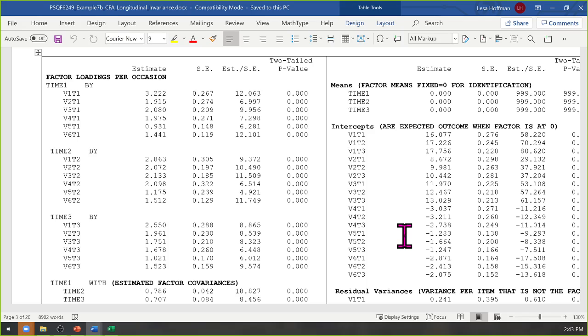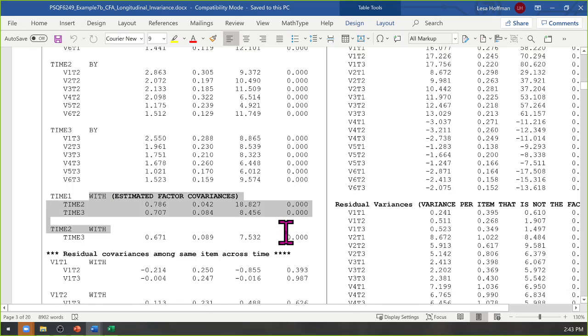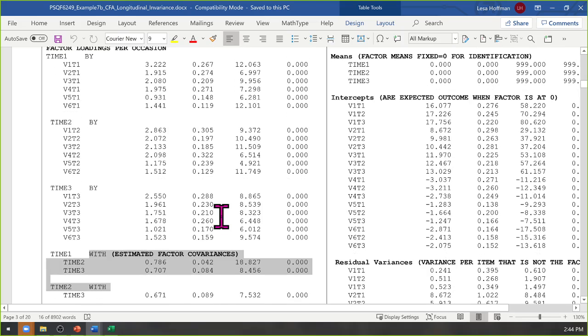Question, is this order related to the code that you made before? The order for these covariances, you mean? Order for the intercepts.